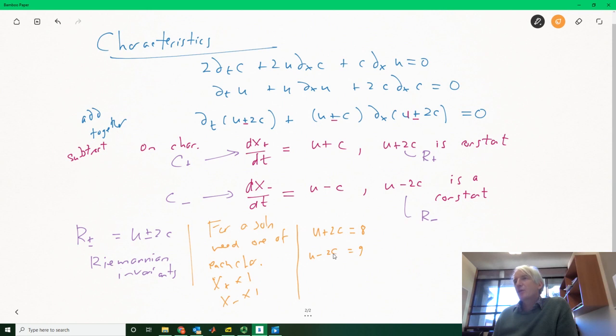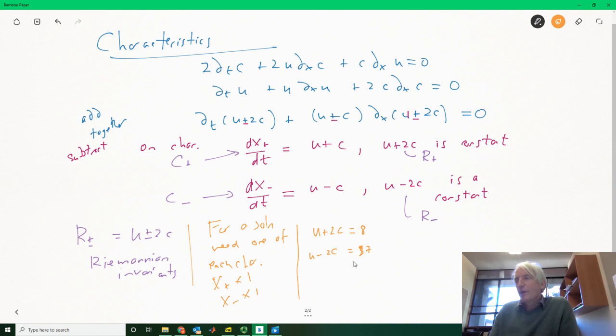And c must be equal to minus a quarter or something like that. Maybe not a great example, because c can't be negative, so something's gone terribly wrong if that was the case. So let's make that equal to 7. Then we get a nice answer here. Or equal to 6.